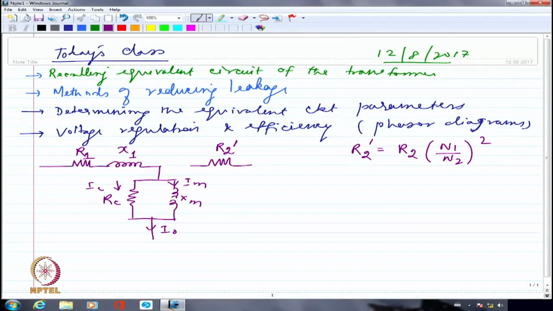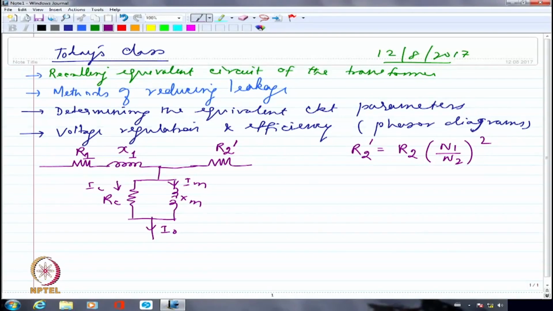So I am multiplying that by the turns ratio square. That's what I am doing. So now that I have transferred, I can definitely connect it together. That's why I was not connecting it together earlier, but now they are electrically connected. There is no problem, right?